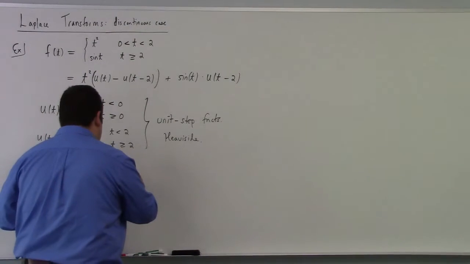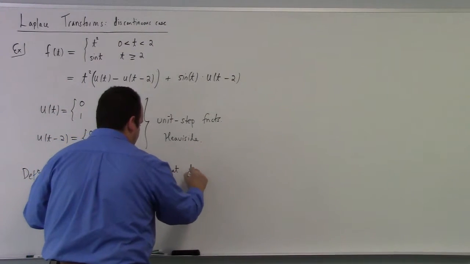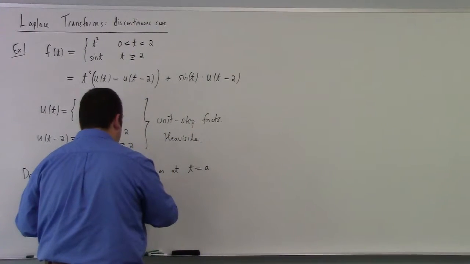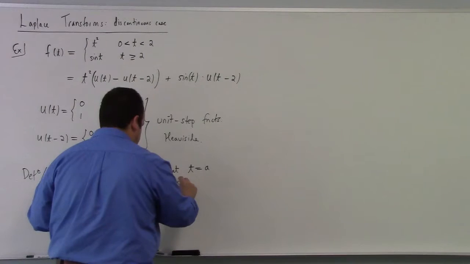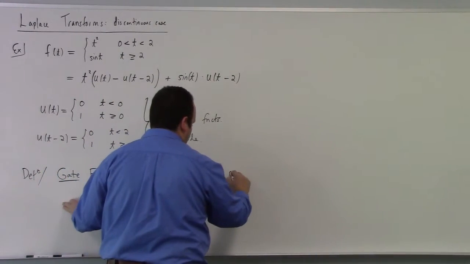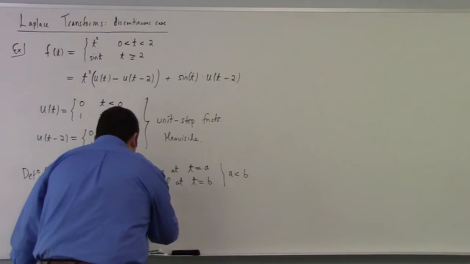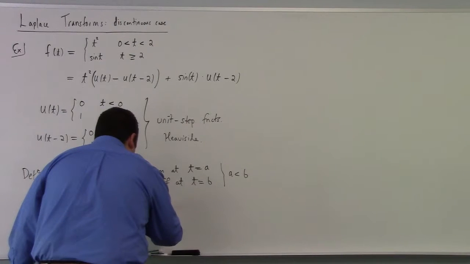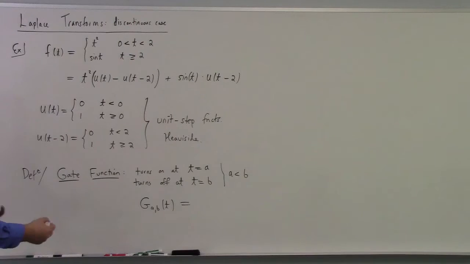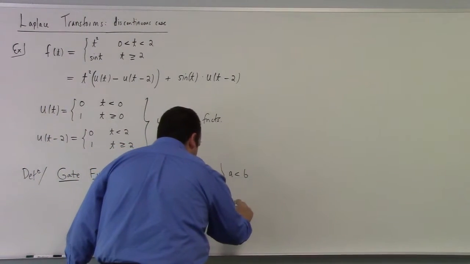So the gate function, what it is, it turns on at time t equals a, and then turns off at t equals b, right? And here I'm assuming a is less than b. So we could use the notation g of a comma b of t for that, right? And there's a formula that's nothing more than u of t minus a minus u of t minus b.